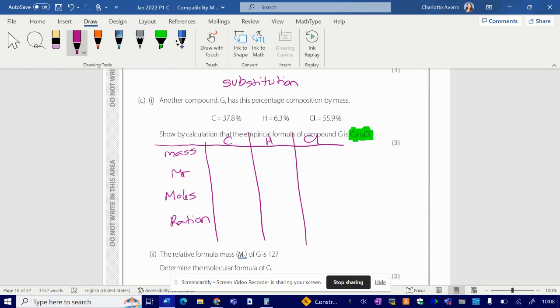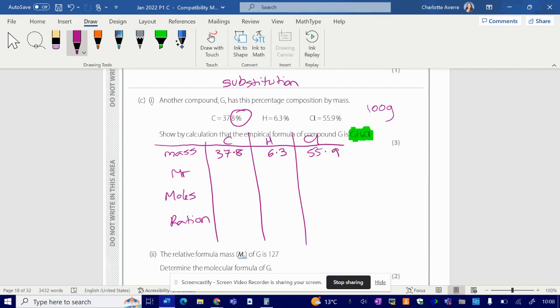Alright, so in the question, all of my data is given as percentages, but that doesn't matter. We are just going to assume that we had 100 grams of it. If we had 100 grams of the compound there and 37.8% of it was carbon, then we have 37.8 grams, 6.3 grams and 55.9 grams. So it's exactly the same number.